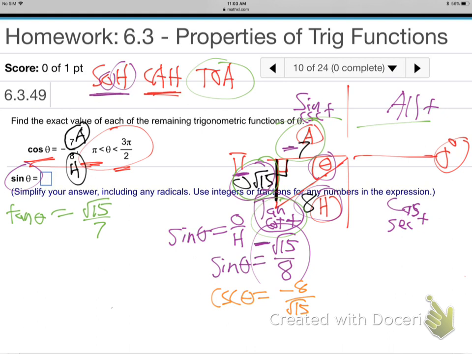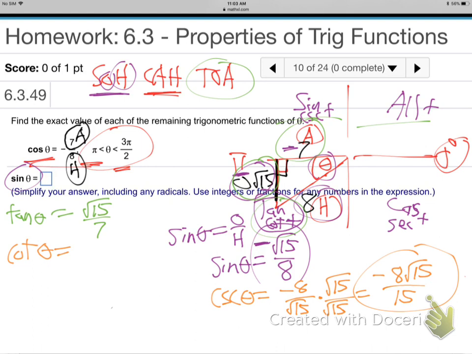And how do we get rid of that root from the bottom? Multiply top and bottom by root 15. Minus 8 root 15 over root 15 times root 15, which is 15. Good for cosecant, just the upside down. Same sign and everything, just flip it upside down. And then the upside down for cosine, well, here, let me do tangent.